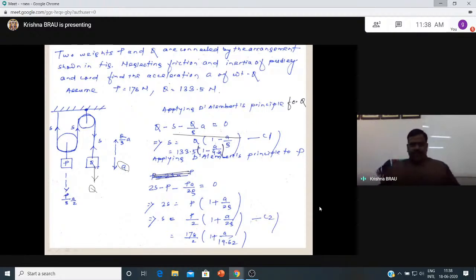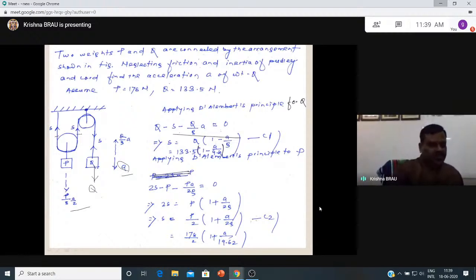Similarly, apply D'Alembert's principle. Here you can see I have already mentioned it a number of times. x1 you can consider as the displacement of weight Q, x2 is the displacement of weight P. One is upward and the other is downwards.